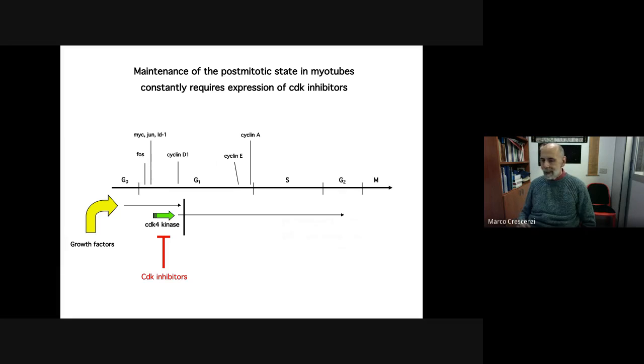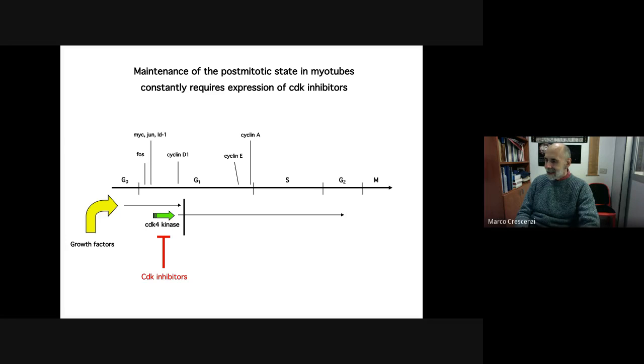In addition, it explained why the myotubes were able to re-enter the cell cycle in the absence of growth factors. That was because growth factors are needed for two reasons. First, to induce expression of cyclin Ds. Second, to greatly facilitate the assembly of cyclin D CDK4 complexes.